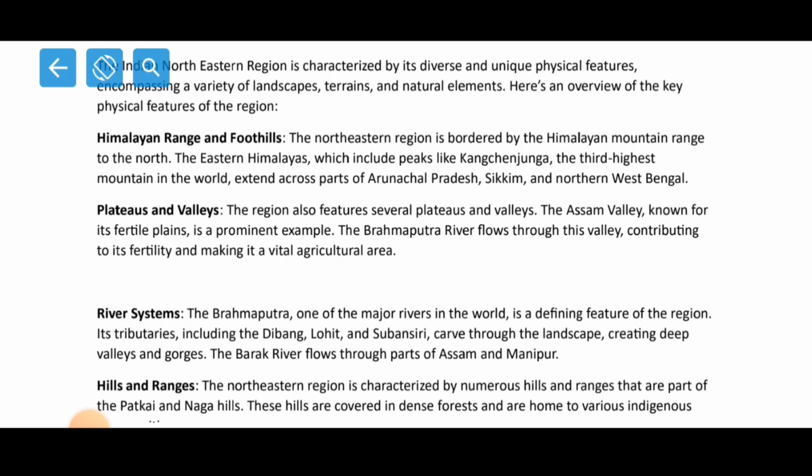When it is talking about valleys, let me also say we also have valleys in Khasi Hills. When we go to Cherrapunji, on the way we see big huge valleys.